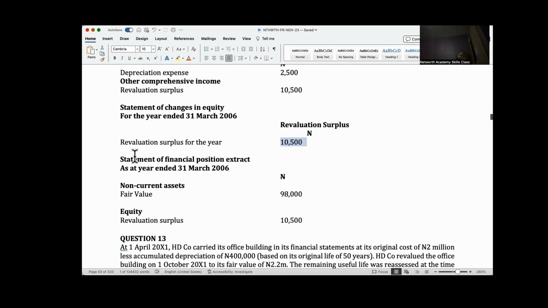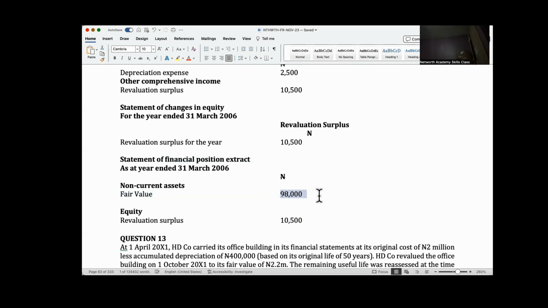And in my statement of financial position, my asset is the value as at that date, which is 98,000. And in my equity, I have my revaluation surplus, 10,500.